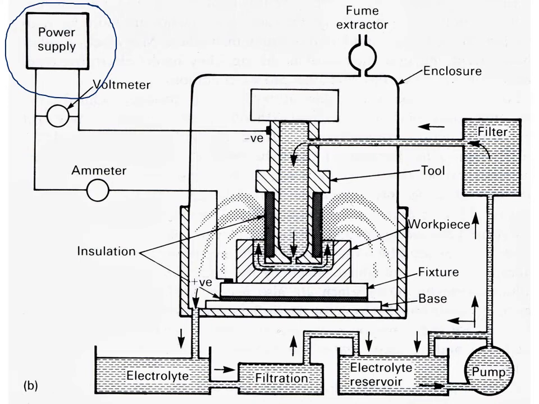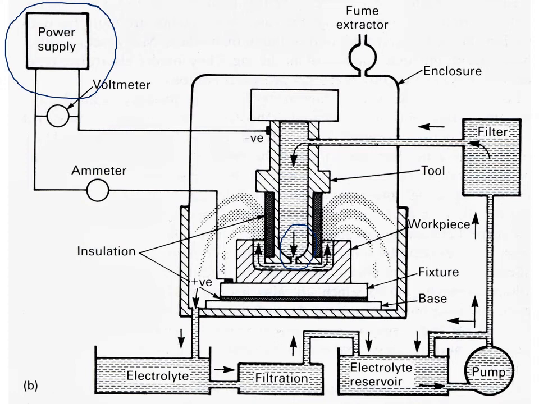When the electrolyte is flushed into the machining zone, we can observe the direction of the electrolyte here. It is injected into the machining zone, and it will flush away the metal ions which are getting separated from the workpiece or anode.